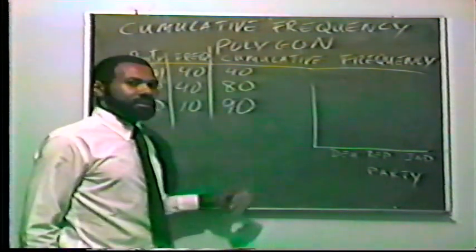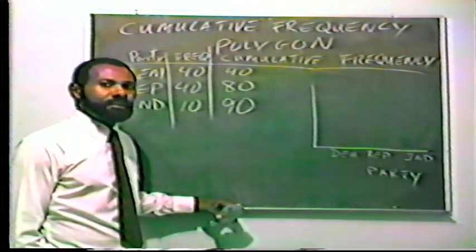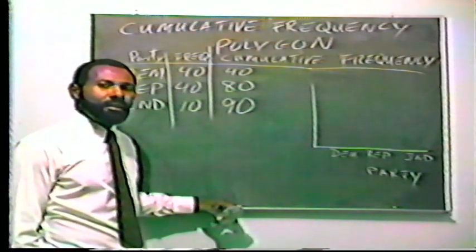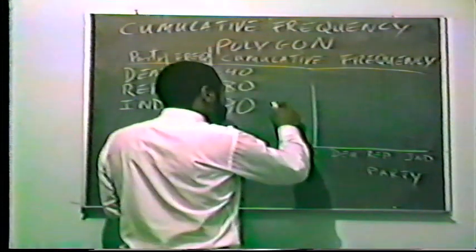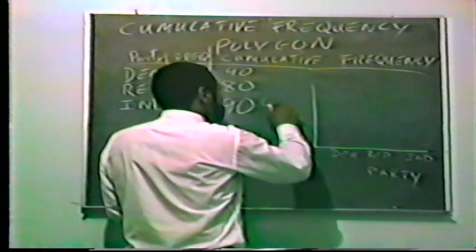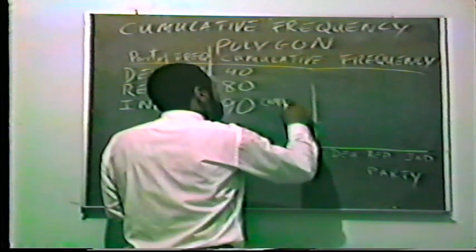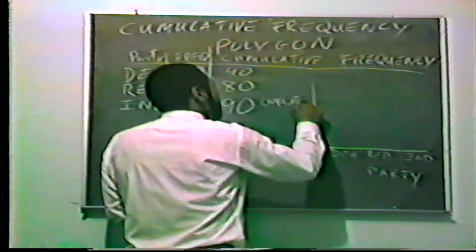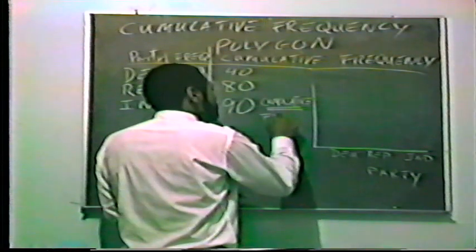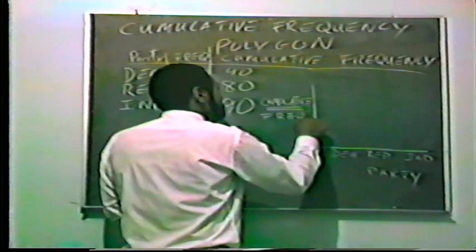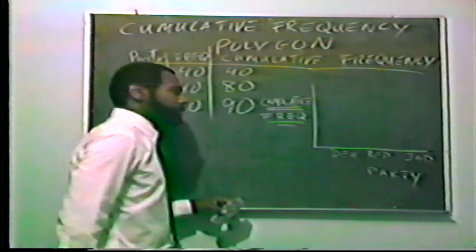Now, on the vertical axis, instead of writing the frequency this time, we put the cumulative frequency, cum freq for short.